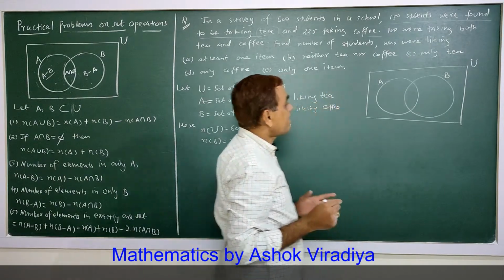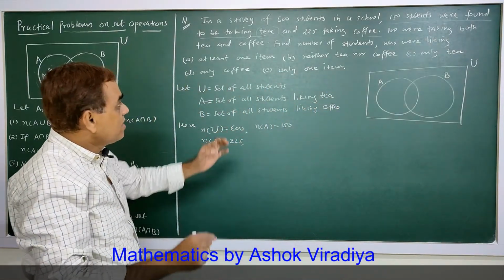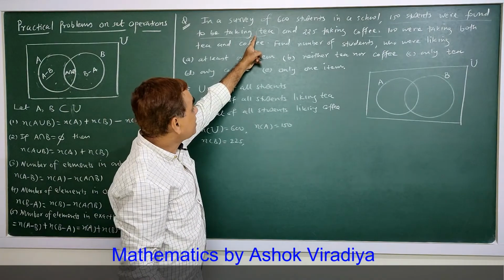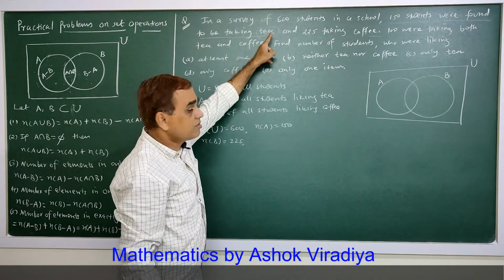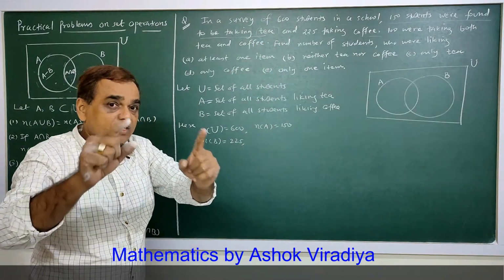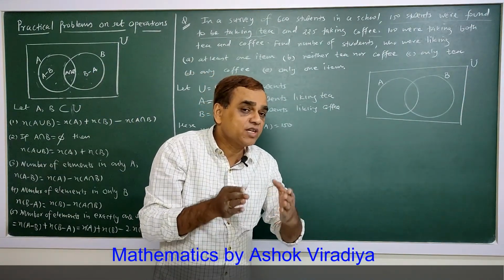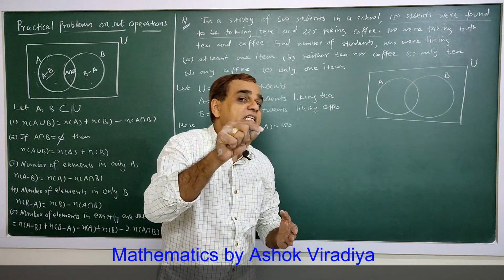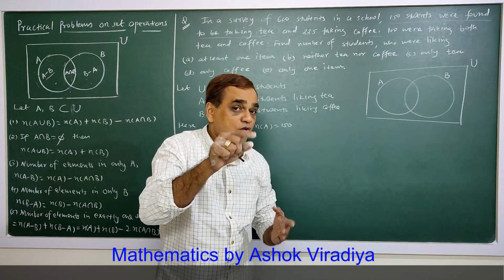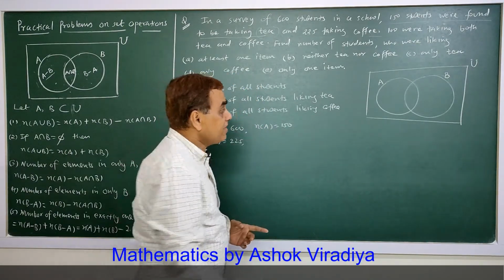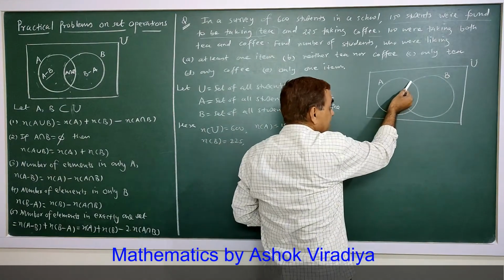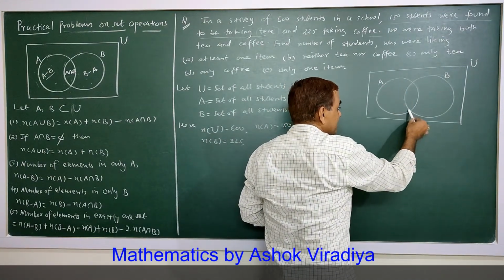So in this question, only the word tea is given. If you were given that 150 students like only tea, then we would have to take this region.